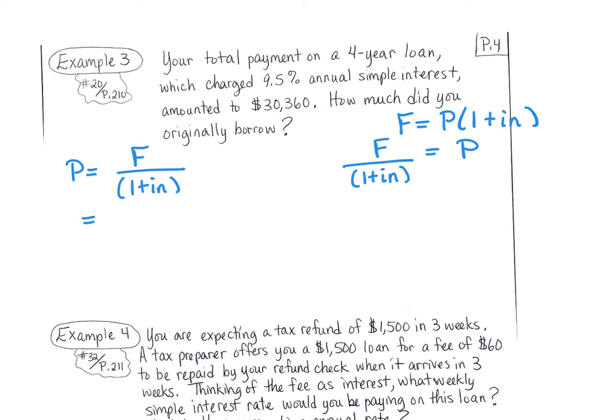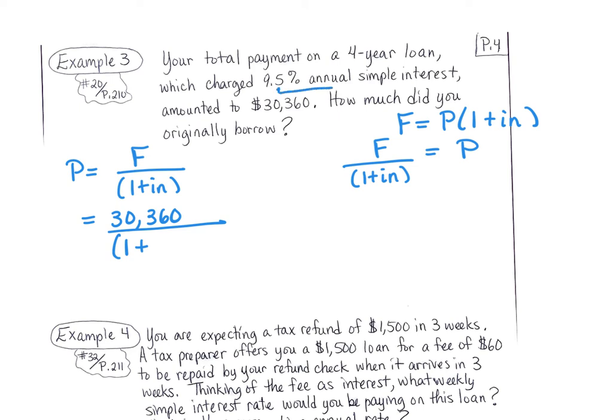Our F here, it says that it amounted to $30,360. So that's our F. Okay. And then we're going to divide that by the quantity 1 plus I, where I is our interest rate per period, and it tells us that we have a 9.5% annual simple interest.